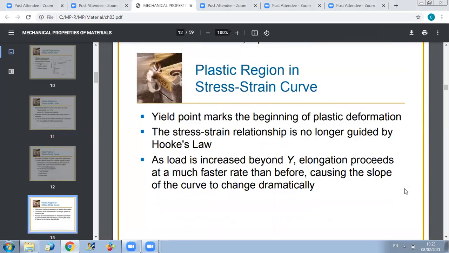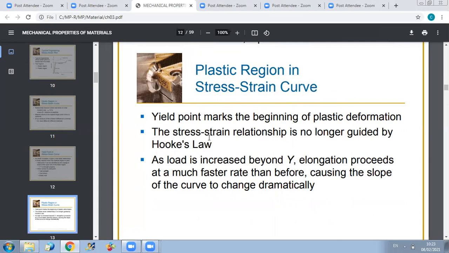Now, the yield point marks the beginning of the plastic deformation, and the stress-strain relationship will no longer be guided by Hooke's law. We will see together that we have another equation that will describe the plastic region. We will see it in this chapter.